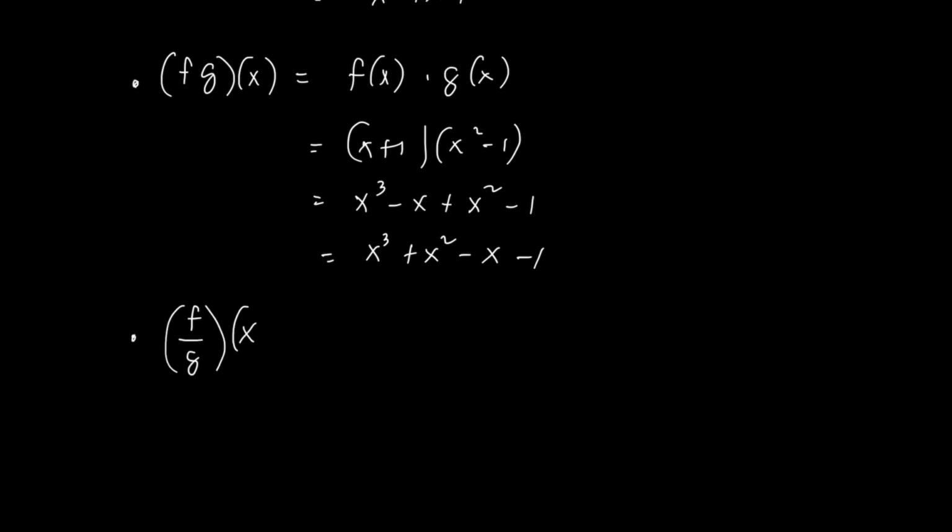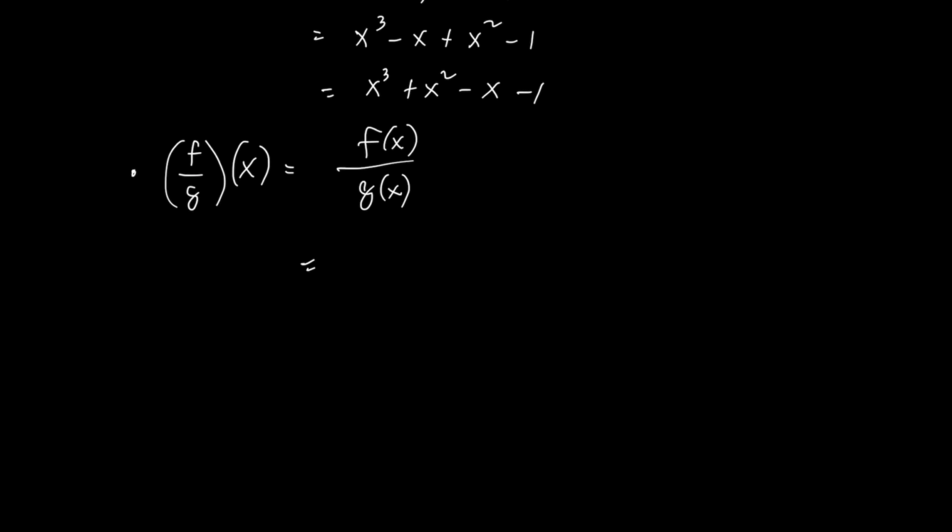And then, for the quotient, f over g of x is f of x over g of x, which is x plus 1 over x squared minus 1. Can we simplify this one? Yes, because the denominator is a difference of two squares. So that's x plus 1 over x plus 1, x minus 1.